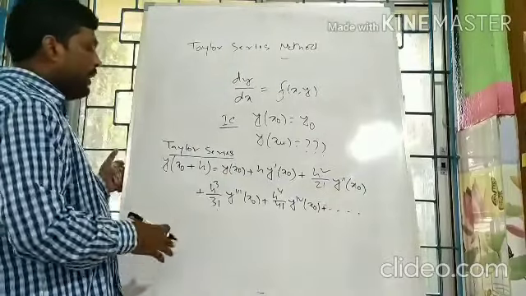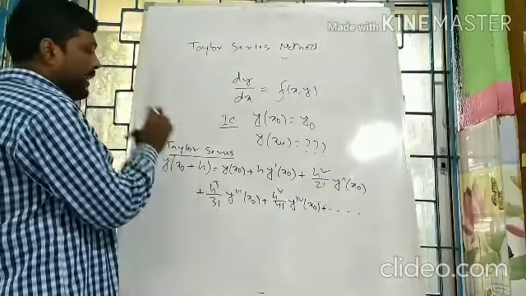This is the Taylor series around the point x0 with radius h.